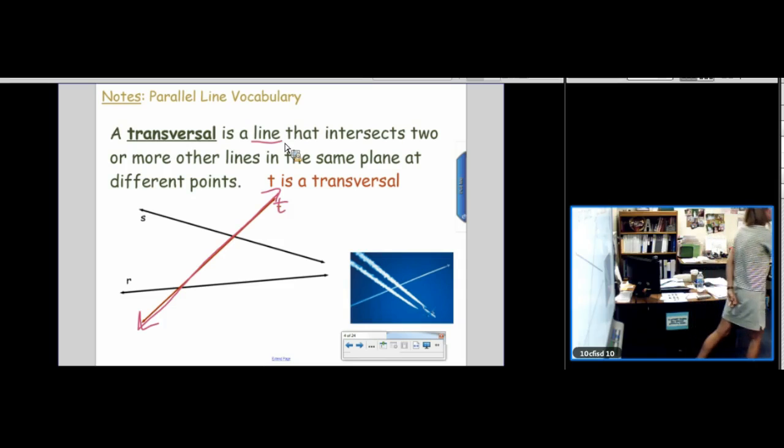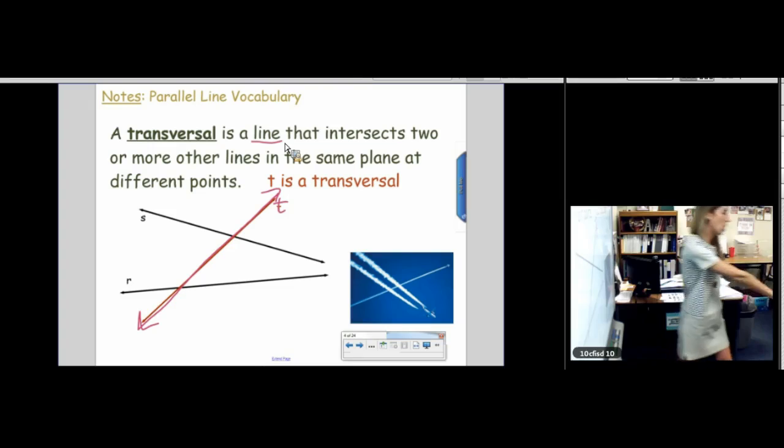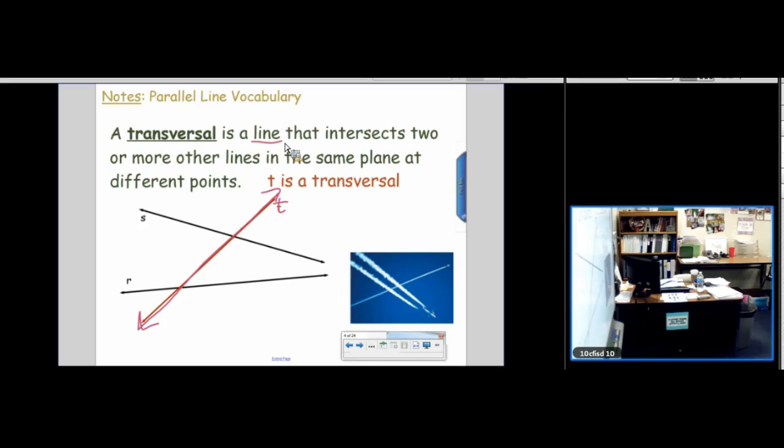You don't have a transversal on your picture, so draw transversal T. Draw a line that intersects R and S. Do it in marker so it's bold and it stands out. Good, transversal. Looking good.